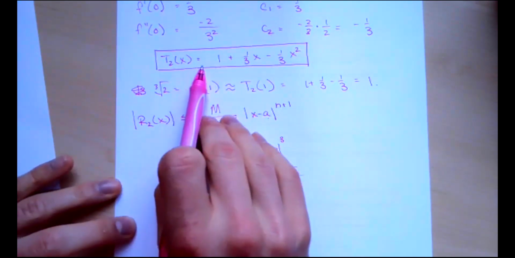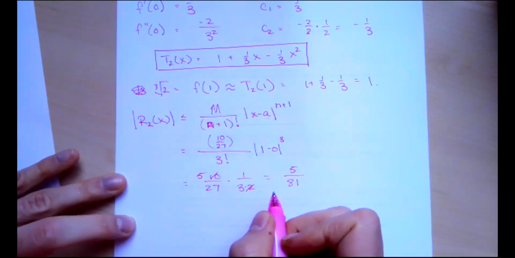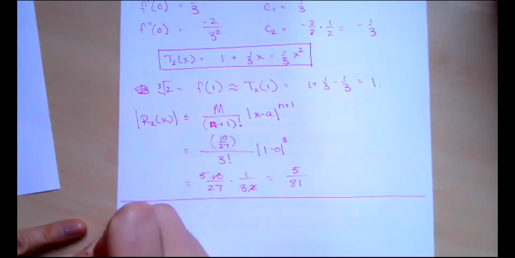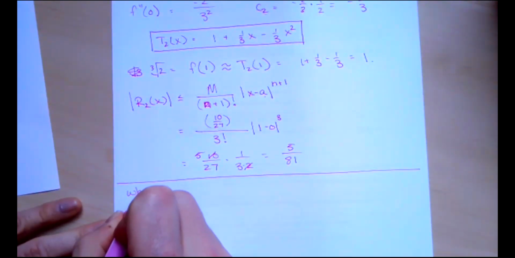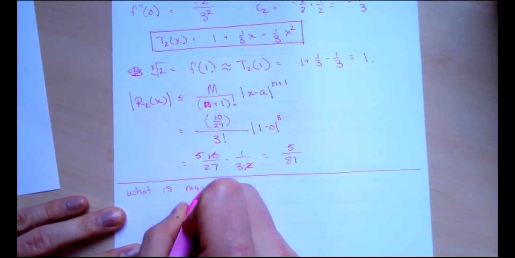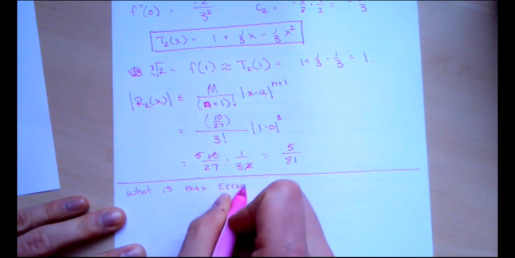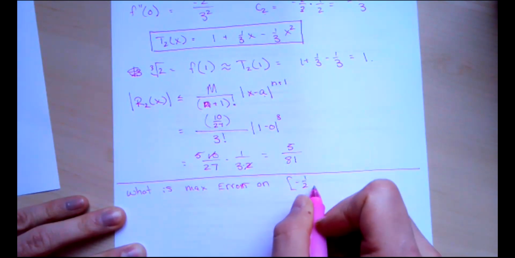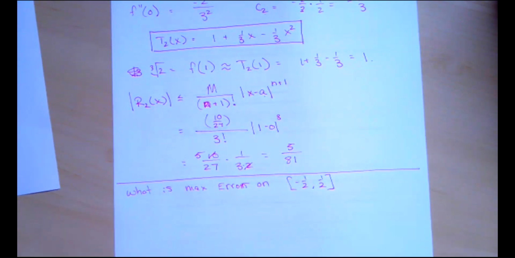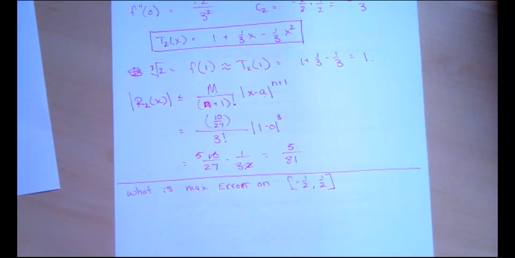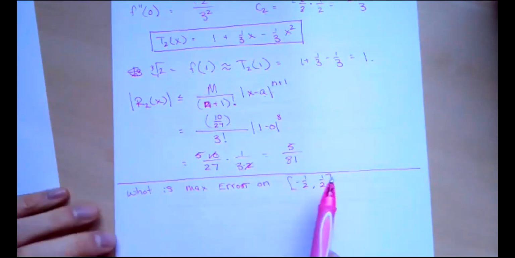So we found this degree 2 Taylor polynomial, and let's say I change the question to, what is the maximum error on, say, minus 1/2 to 1/2, for this approximating polynomial. So we've got to use different numbers now, because now I've changed my interval.